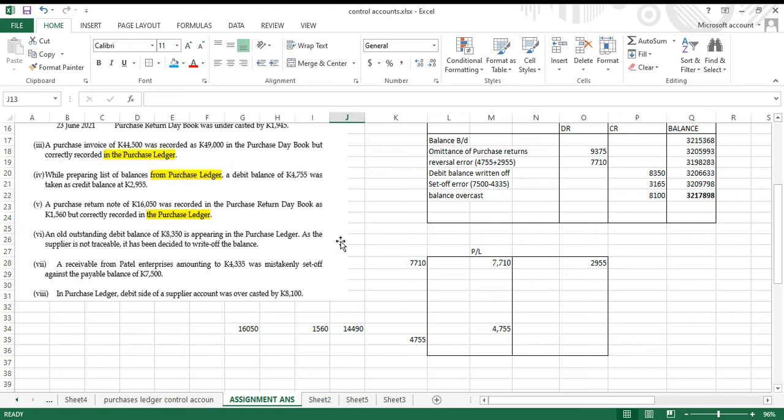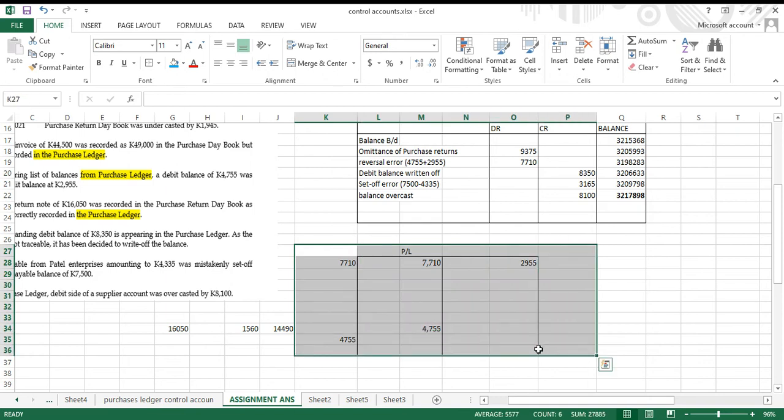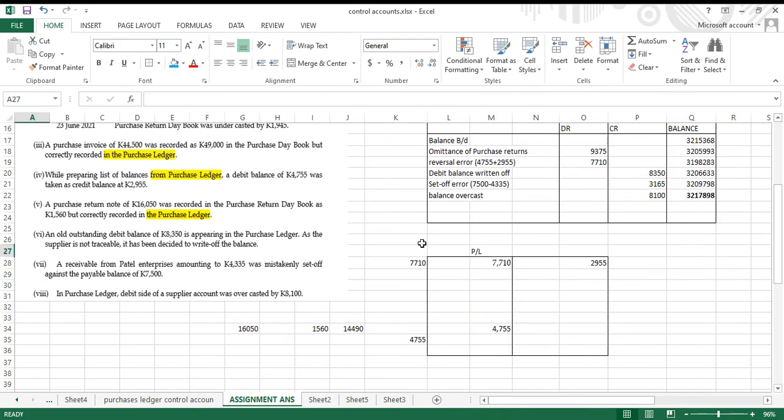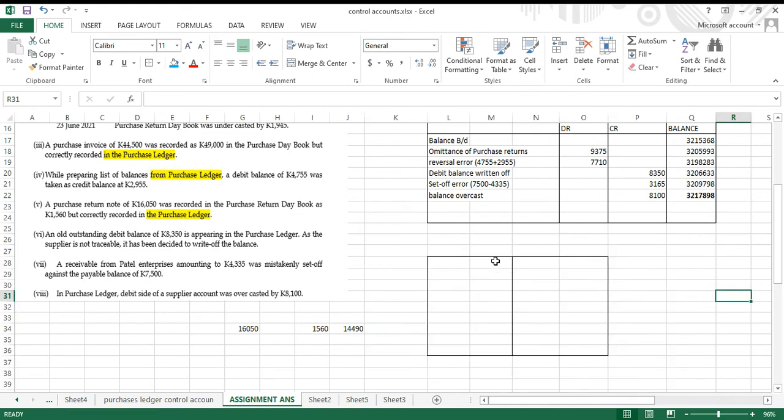So on our purchases ledger, let's think of it like this. We have an old outstanding debit balance of 8,350.